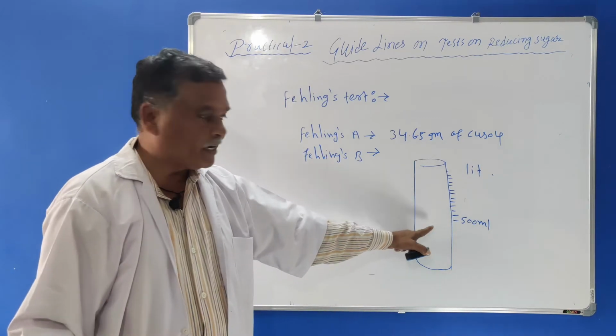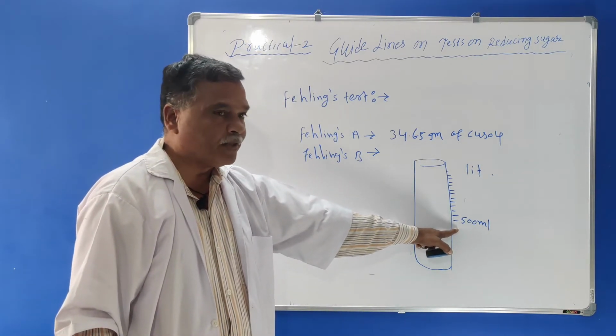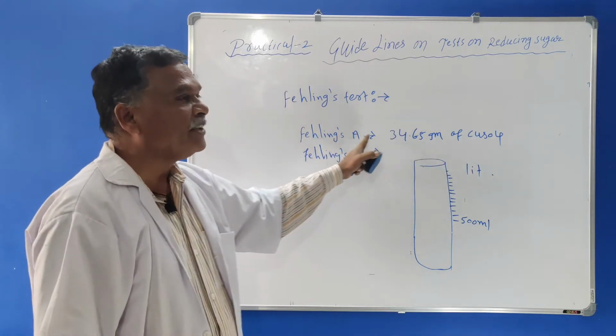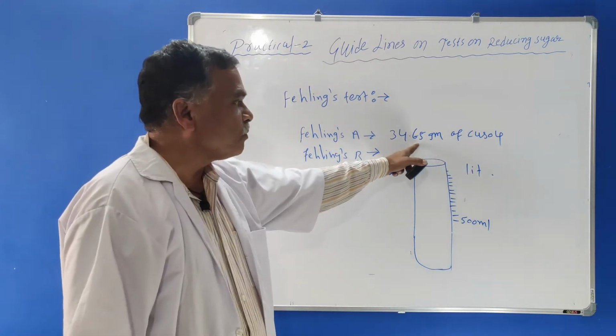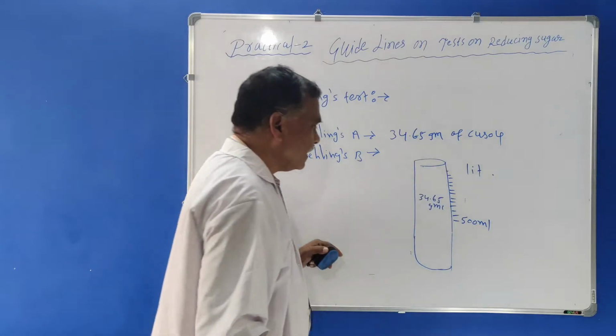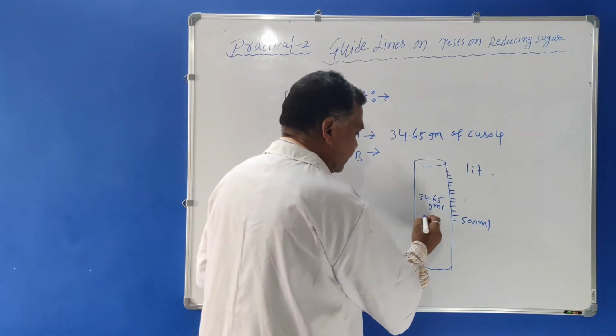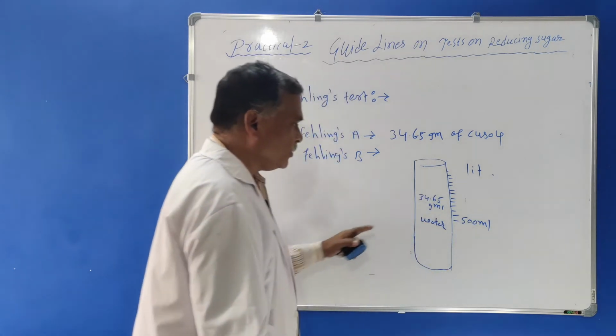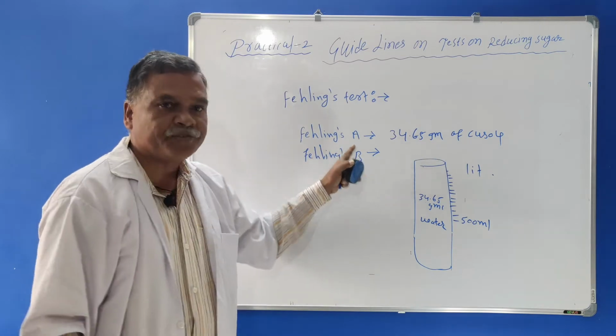This will become the copper sulfate solution. So this becomes Fehling's A solution. This 34.65 grams of copper sulfate is taken in this, and it is diluted up to 500 ml of water. So this is the preparation for Fehling's A solution.